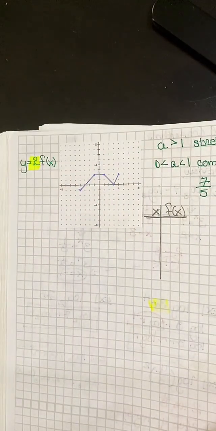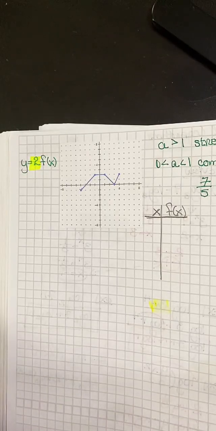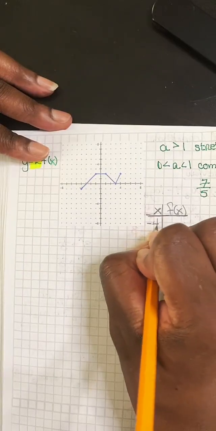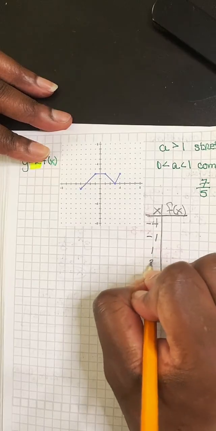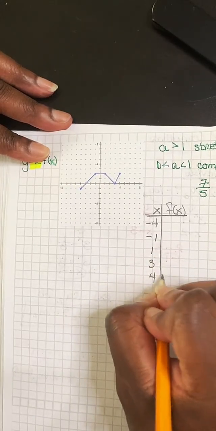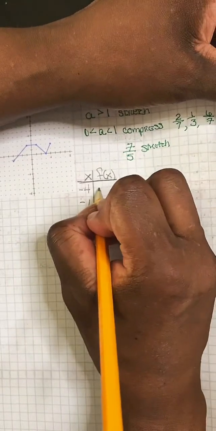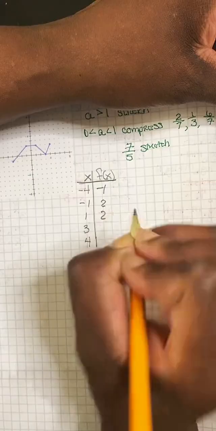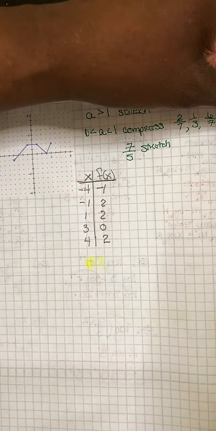So we have -4, -1, 1, 3, 4. And our original y values were -1, 2, 2, 0, and 2. So that was my original.